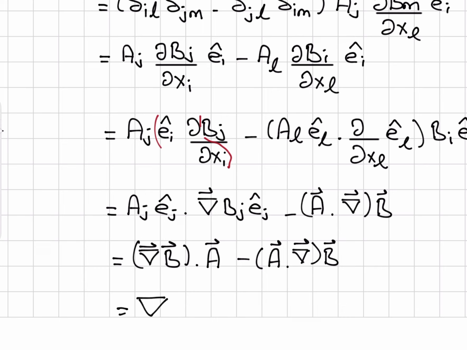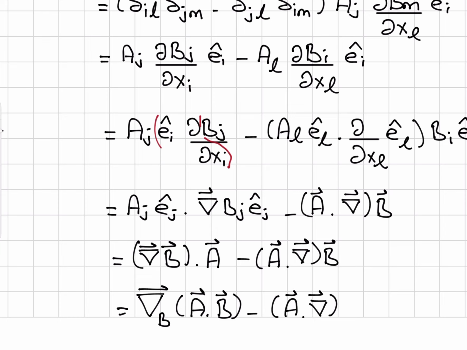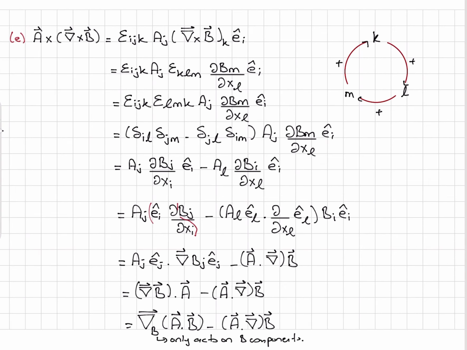We can say that this is the del operator acting on B only in the dot product A dot B, minus A dot gradient B. So this subscript B indicates that it only acts on B components, not on A components. So that's another way to say this.